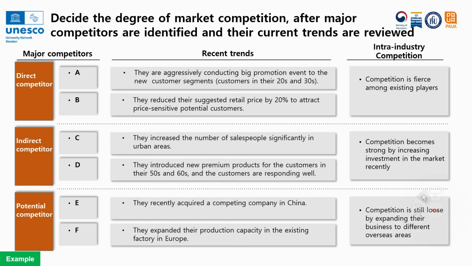And in the case of company F, they expanded their production capacity in the existing factory in Europe. So they already have a presence in Europe, and now they expanded their production capacity in those areas.